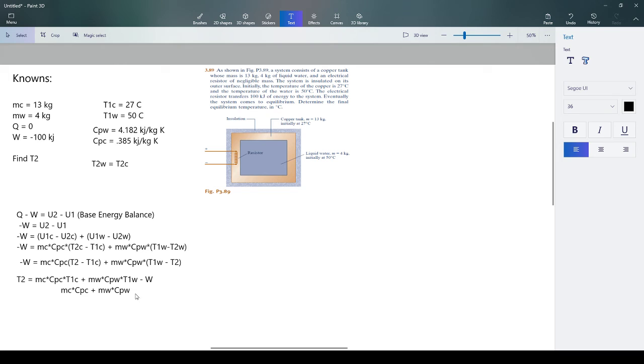And if you fill in your numbers here, there's one trick to this, right? You do have to be careful because these temperatures have to be in Kelvin. Because remember, your units have to work out. So for example, remember CPW here needs to be absolute, right? Because this is kilojoules per kilogram Kelvin, right?